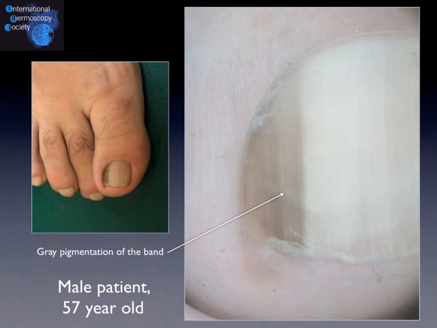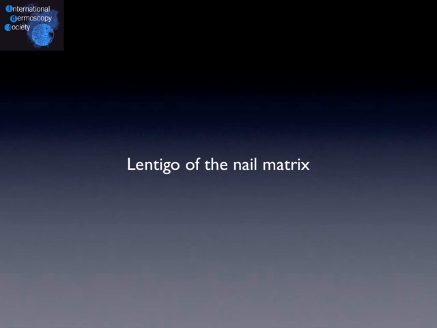These features are in favor of a lentigo, an ethnic type pigmentation, trauma-induced pigmentation, or drug-induced pigmentation. In that case, we made the diagnosis of a lentigo of the nail matrix, maybe also due to the dark skin of the patient and to repetitive trauma of the second toe over the first one.